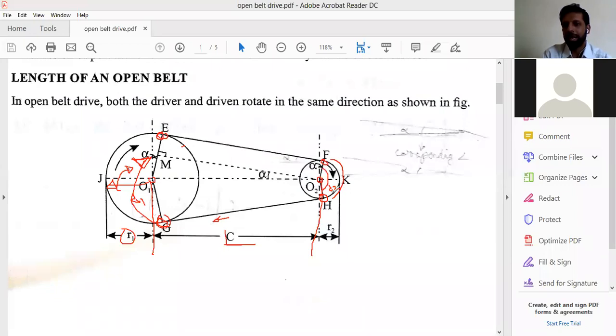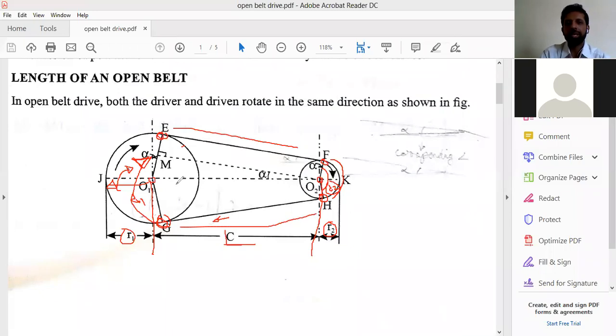The diameter of this smaller pulley is denoted by D2, so the radius, since it's an arc, is going to be R2. After this, the belt is in a straight line from G to F, and from G to H, in a straight line.